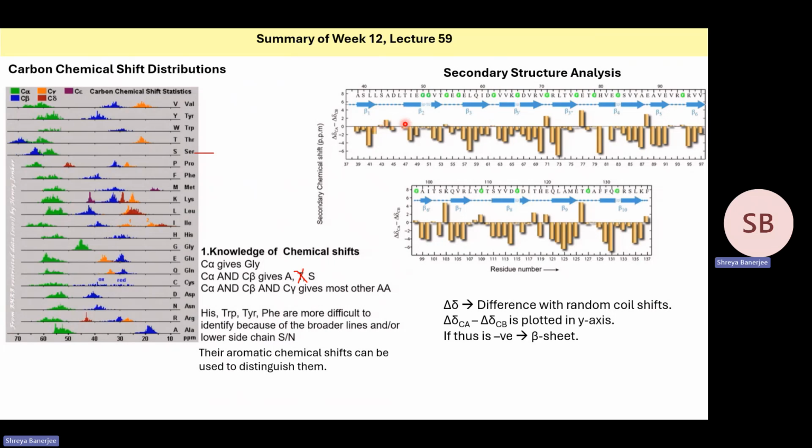And there are segments in between the beta sheets where the value of this delta delta C alpha minus delta delta C beta is either 0 or it is positive. Those are generally turn segments that are linking the different beta sheets. So secondary structure analysis can also be done from solid state NMR.